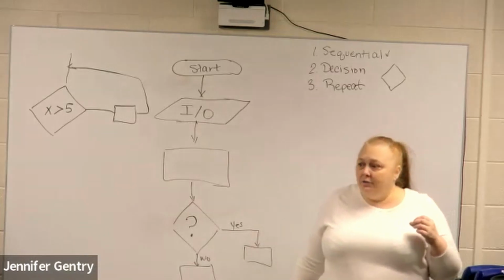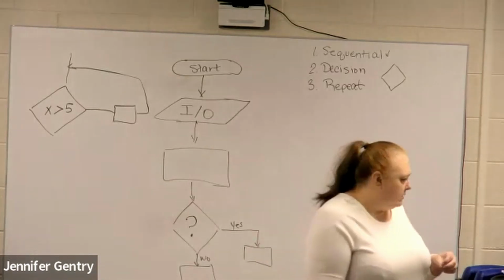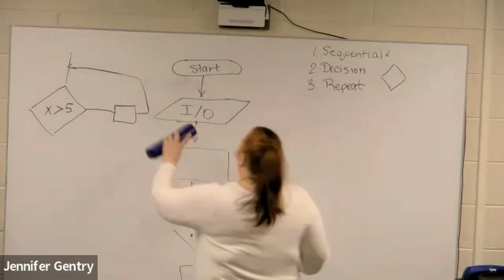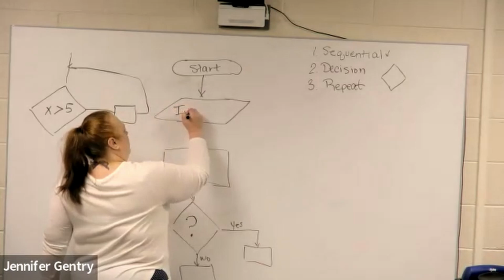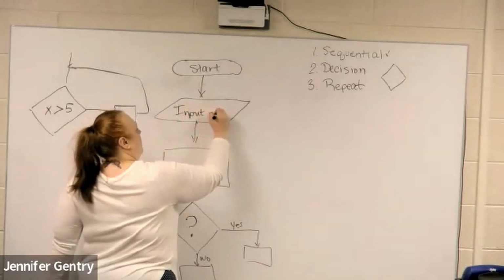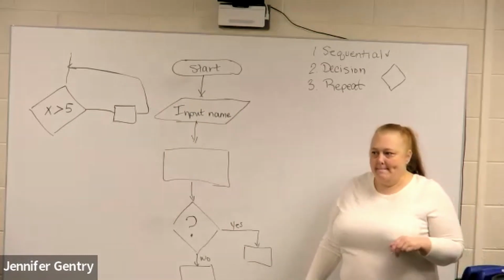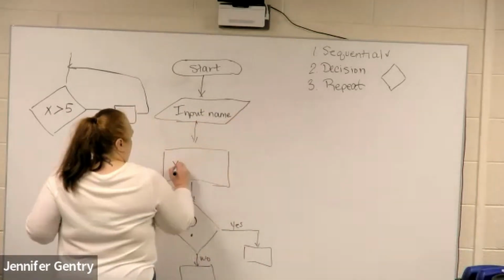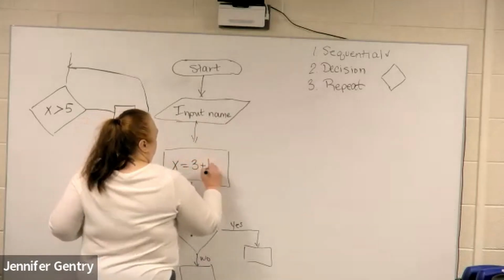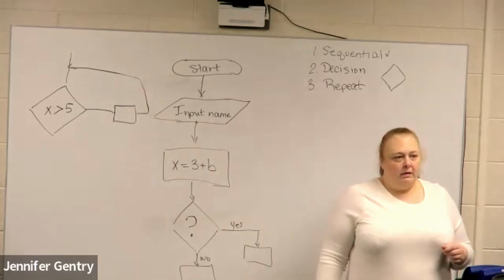Remember, inside those figures, we're going to put notation that's going to help us understand what that was, right? So here, okay, start's always going to say start. Input, name. Okay, it'll say something like that, right? X equals 3 plus, I don't know, I'm just making stuff up, B. Right?